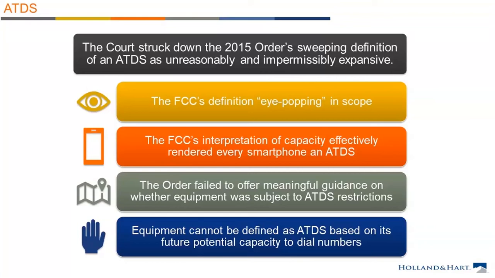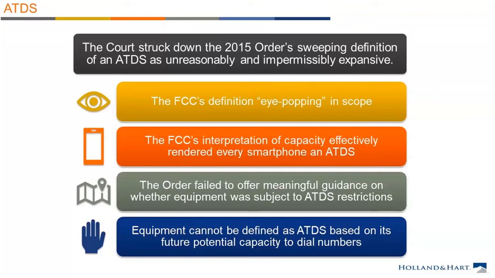They also stated that the FCC's interpretation of capacity effectively rendered every smartphone an ATDS, and that essentially makes every American a TCPA violator in waiting, if not a violator in fact. And so that created a real problem.